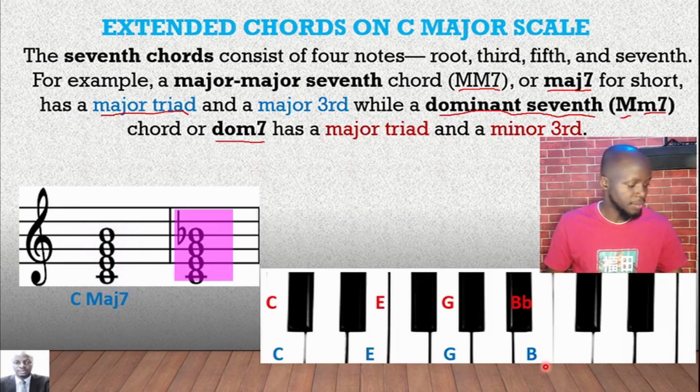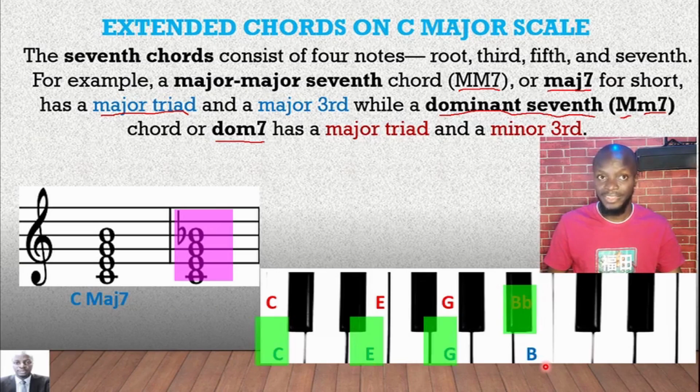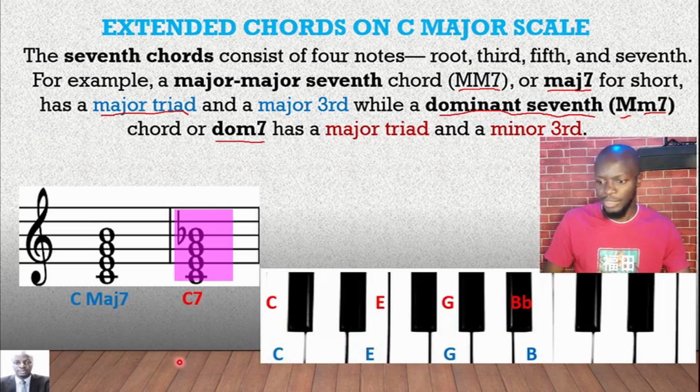So we have C, E, G, and B flat. That's C dominant 7, simply C7. So that's the difference between C major 7th and C7. They are not the same because they don't sound the same.